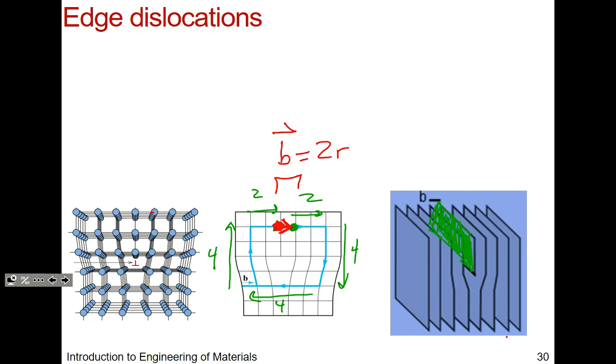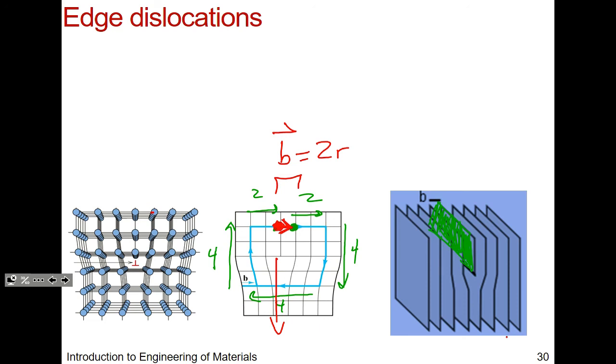That's how we indicate there's a half plane there. There's a plane there that's missing, or that's missing beyond here. Okay, so this line that you see is actually a whole plane coming in and out. So it's not one atom that you're missing. Now it's a whole plane of atoms that you're missing. That's what the Burger's vector is telling you.